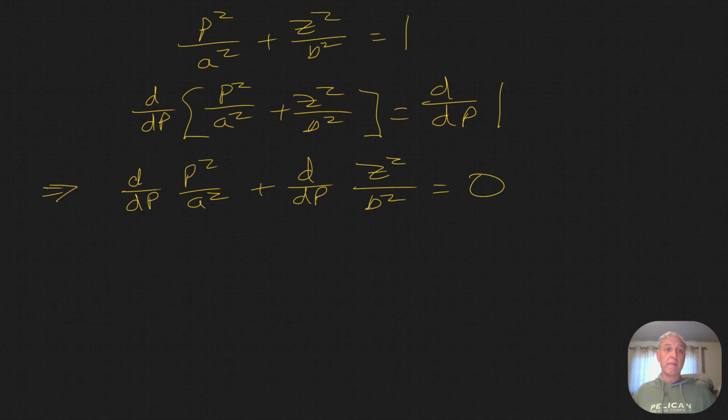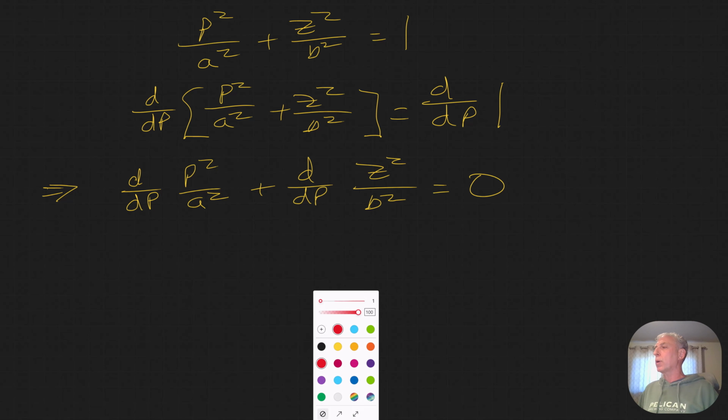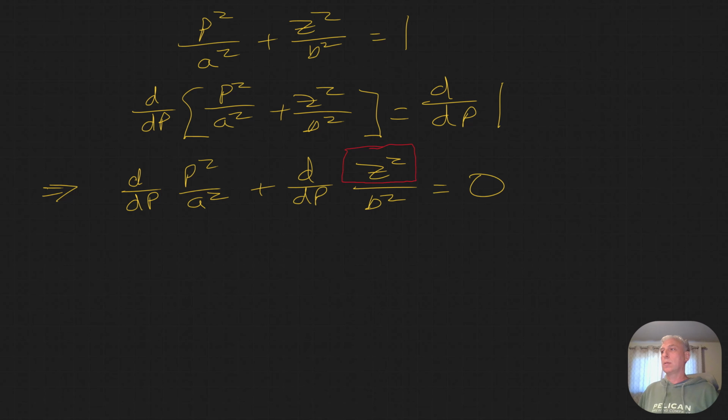The derivative of a constant is always 0. And we have to remember that z, and this is why we have to use implicit differentiation, z is a function of p, right? Z equals some function of p. So that implies we're going to have to use the chain rule here at some point on this term.